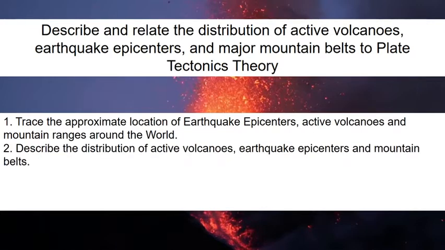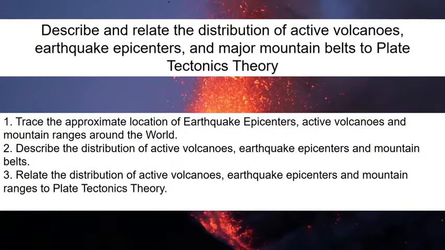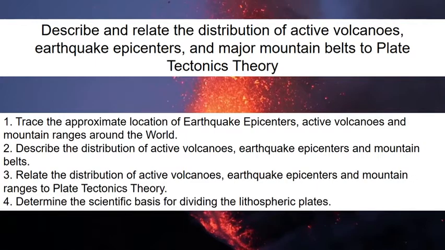Describe the distribution of active volcanoes, earthquake epicenters, and mountain belts. 3. Relate the distribution of active volcanoes, earthquake epicenters, and mountain ranges to plate tectonics theory. And the last, determine the scientific basis for dividing the lithospheric plates.